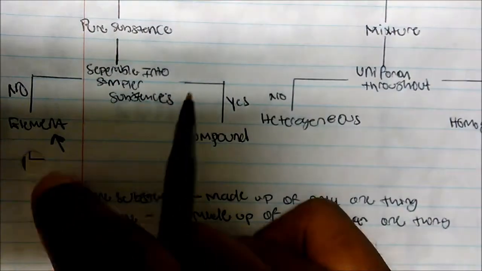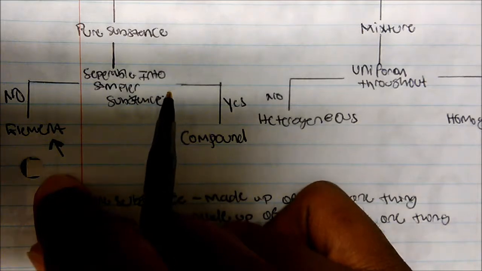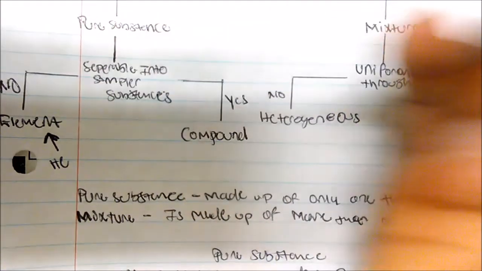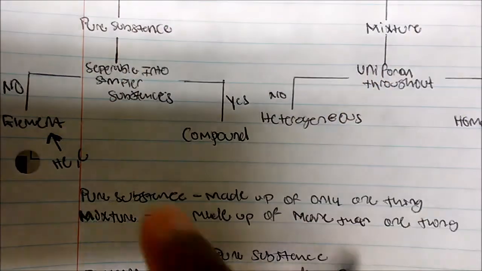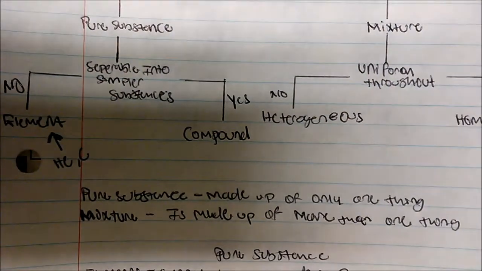When we talk about elements, they cannot be broken down further into simpler substances. Helium gas would be one. How about carbon? C represents carbon. That's an element that cannot be broken down into a simpler substance.